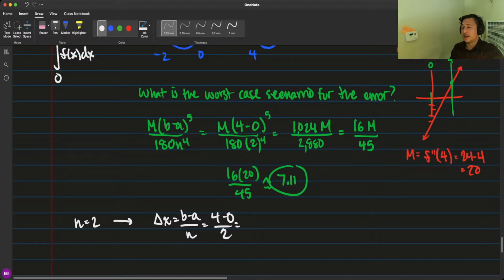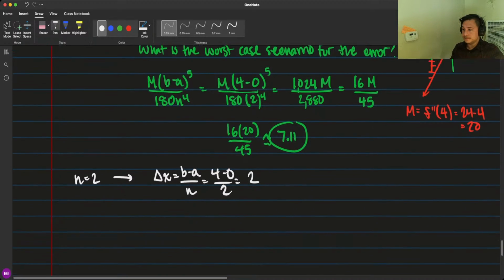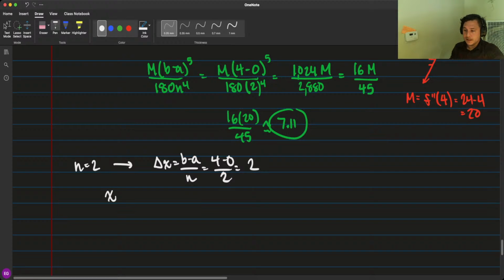So we get each thing is 2 wide. Okay, x0 is our a, which is our starting point, which is 0. Then our x1 will be that plus delta x, which will be 2. And then our x2 will be 4.